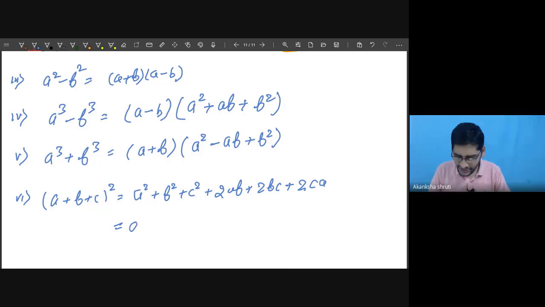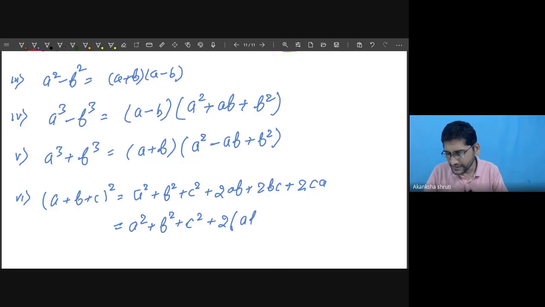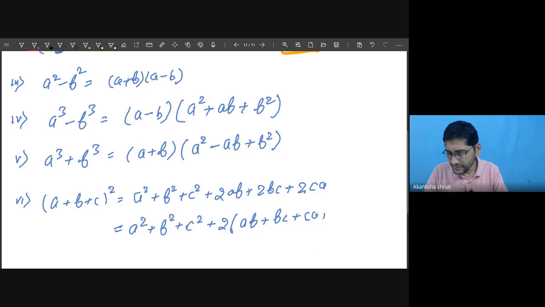Sometimes this is also written by taking the 2 common. So it can be written as a square, b square, c square, and 2 outside means 2 is common to all the 3 terms, so 2 can be taken out. This can be written as ab plus bc plus ca. Okay, students? So these are the identities.